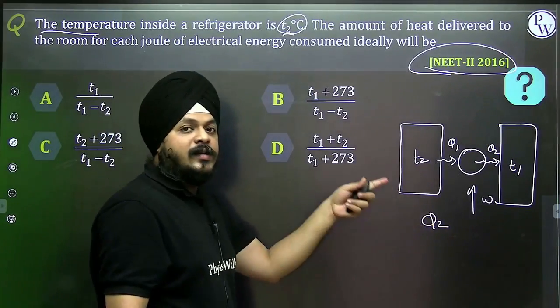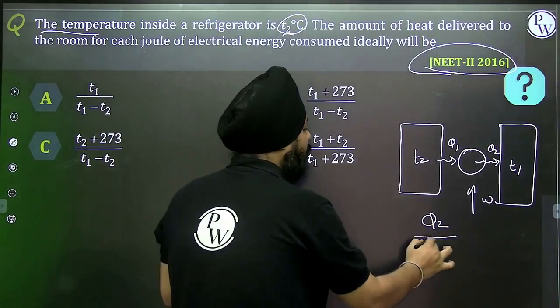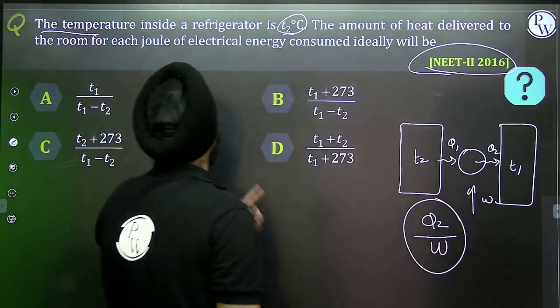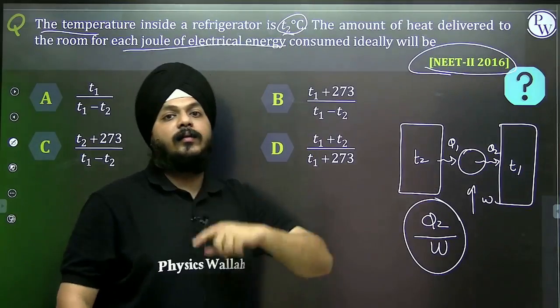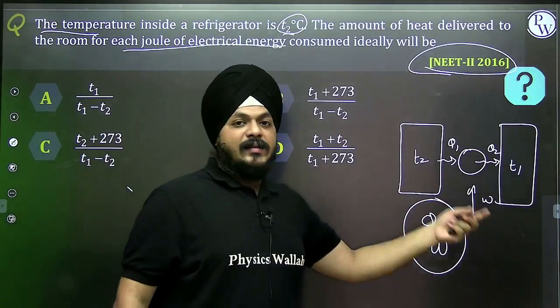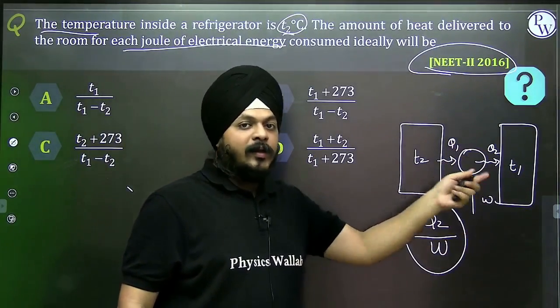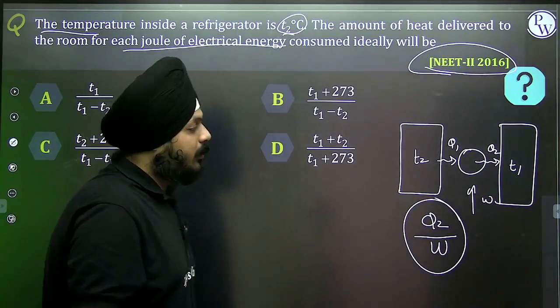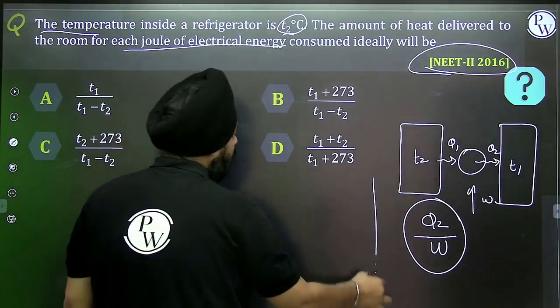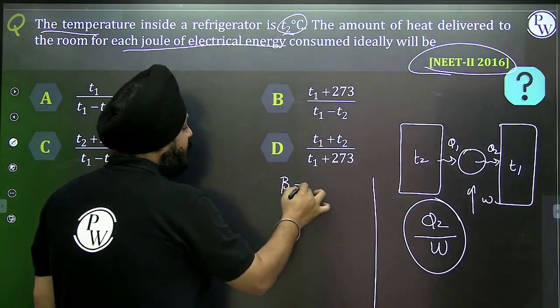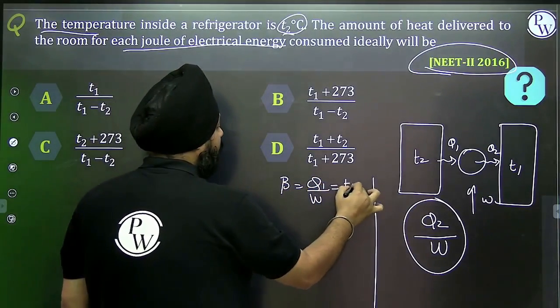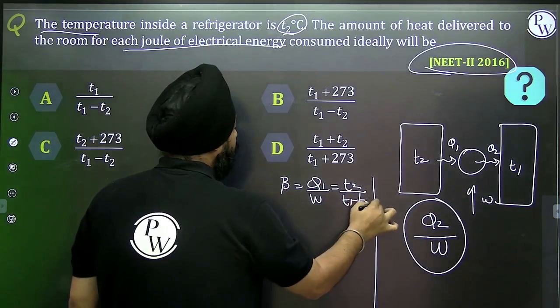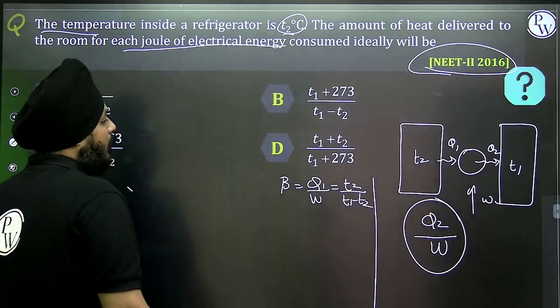The energy released in the room per each joule of electrical energy, meaning per work done. To operate this engine, obviously external work needs to be done, and it is electrical energy only. So here the coefficient of performance is equal to Q1 by W, which is equal to T2 by T1 minus T2, in terms of Kelvin, right?